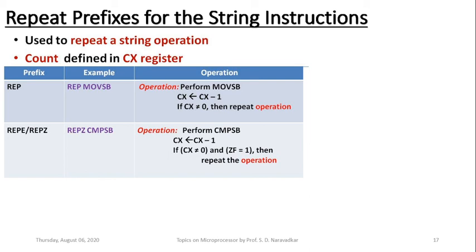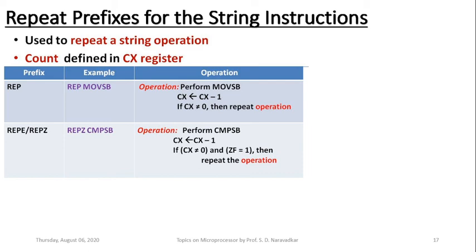Comparison of two bytes to be performed here, source and destination byte. Then count is to be decremented by 1, CX minus 1 copied to CX. And if that count is not equal to 0 and if that zero flag is equal to 1. That REPZ, that Z stands for zero.